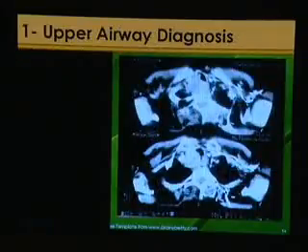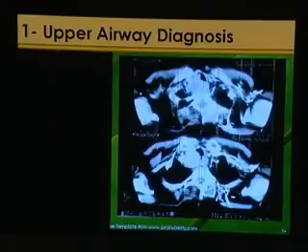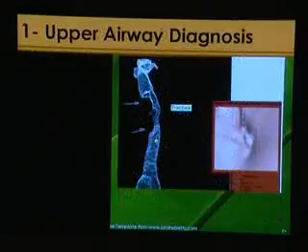This is a case of thyroid carcinoma. As you can see on the axial images, a solid mass involving the right thyroid lobe, and there is a polypoid invasion into the trachea. On doing fiber optic bronchoscopy, further introduction of the endoscope was impeded by the obstruction, and they asked for virtual bronchoscopy.